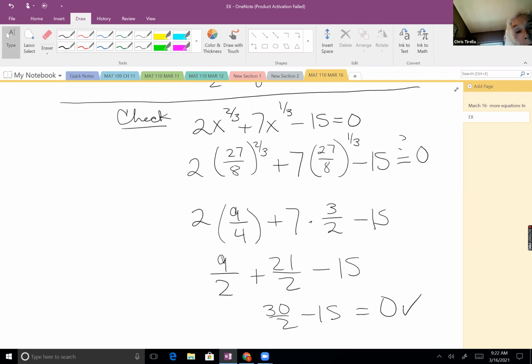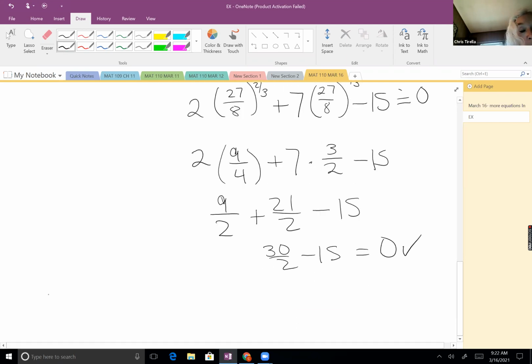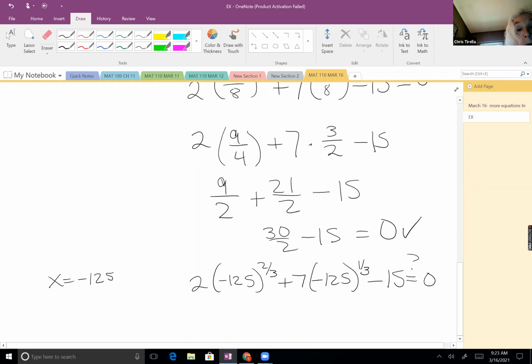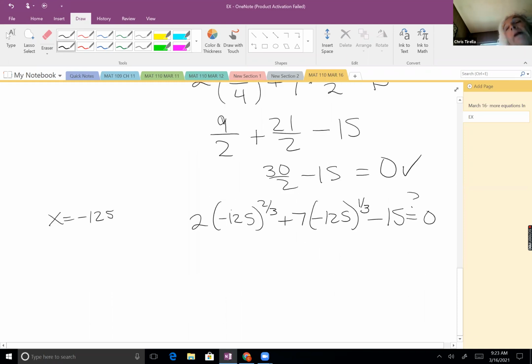And then our other solution is x equals -125. So when I take 2 times -125 to the 2/3 plus 7 times -125 to the 1/3 minus 15, again, I'm hoping to get 0. Again, we said that -125 was -5 to the third.